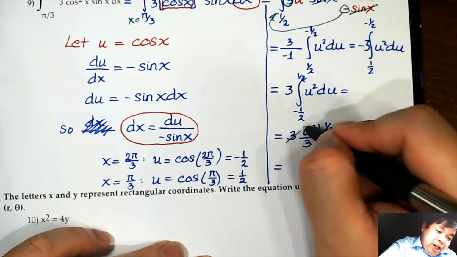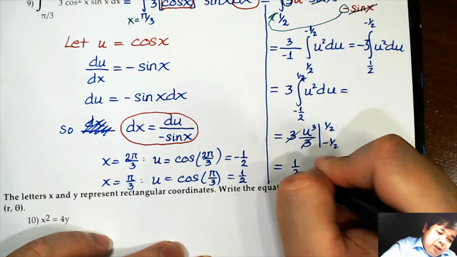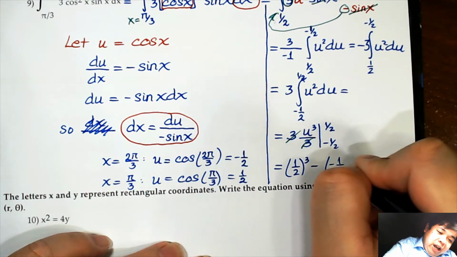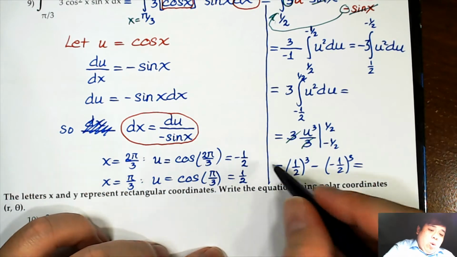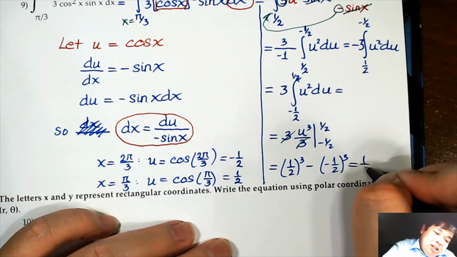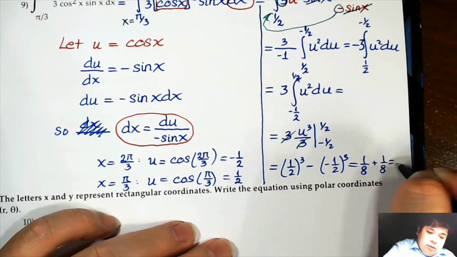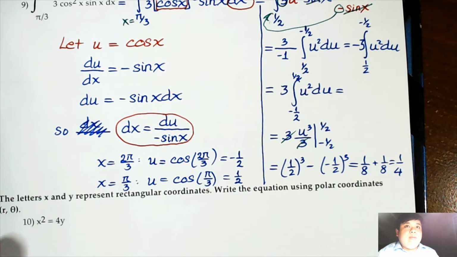The 3 and the 3 cancel out. So we have 1/2 cubed minus negative 1/2 cubed. Put that together, 1/8 plus 1/8, that should be positive, will be 1/4. So that's what we have.